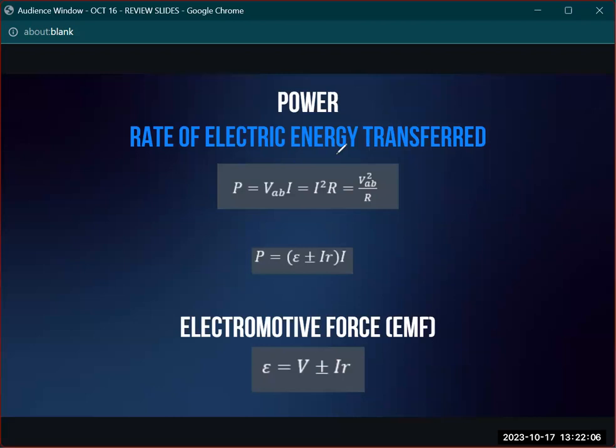Tapos we have power. So, naturo naman sa inyo sa kinematics and dynamics that power is just work over time.